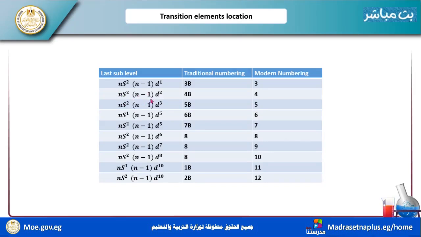But the number of the period follows n, not n minus 1. So the number of the period is n, not n minus 1.